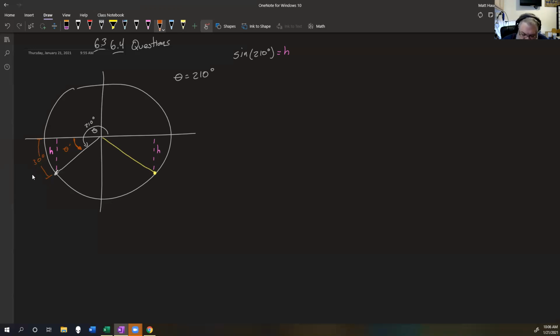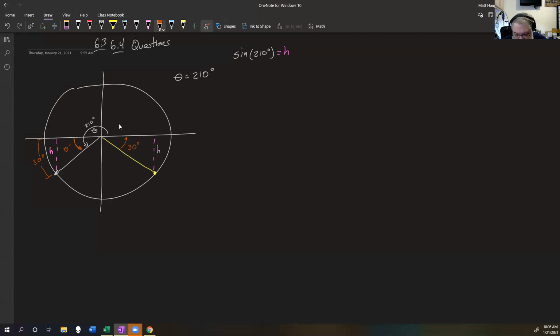Well, if it's supposed to make the same height as it does here over here, what must this little reference angle be? 30. It must also be 30 degrees. Notice again, it's measured positively to an x-axis.